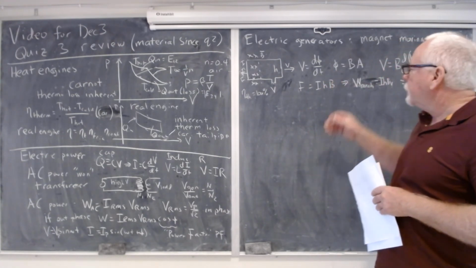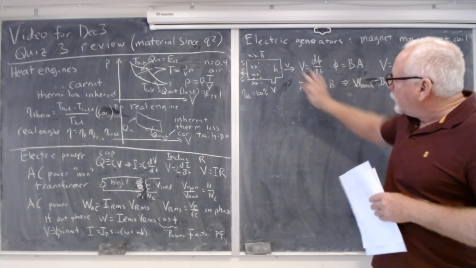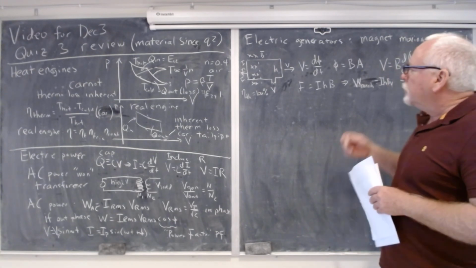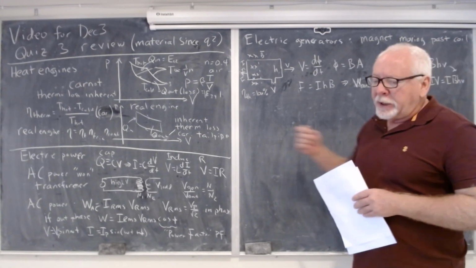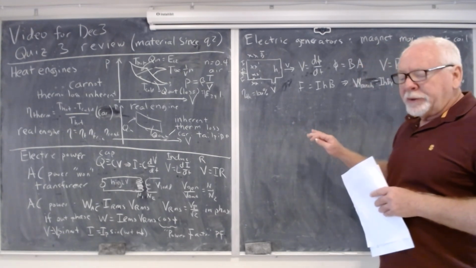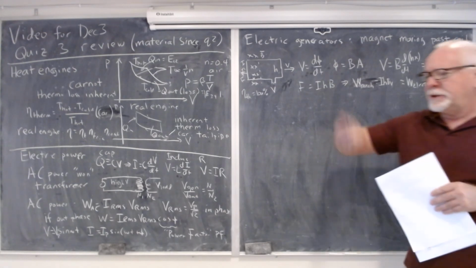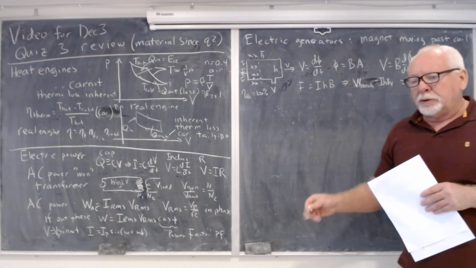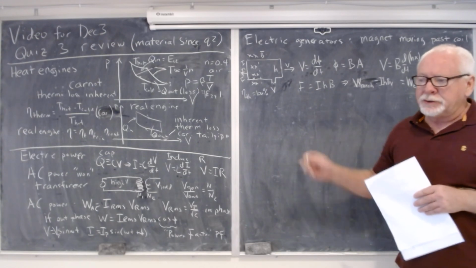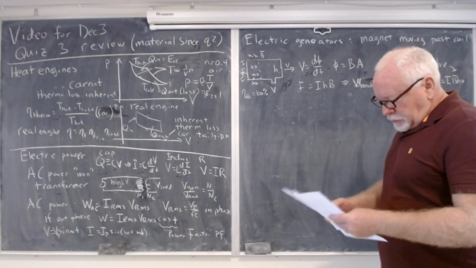So while I don't want you to get hung up on figuring out which sign it is, realize that it can change sign. For the rotating generator, we figured out that, of course, as it's rotating, the sign of the voltage goes through a sinusoidal change, and that gives you an AC voltage.